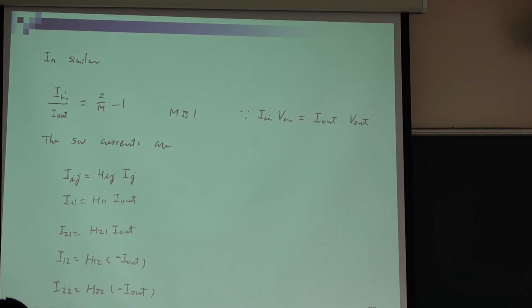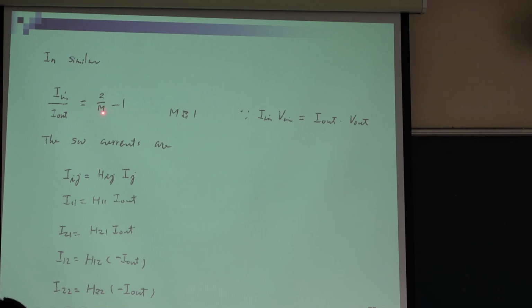So by using the same way, we can develop V in divided by V out is 2 divided by M minus 1, or 2 divided by A minus 1. So A always larger than 1. If A equal to 2, then 2 divided by 2 become 1. 1 minus 1 becomes 0, which means the I in is always 0.